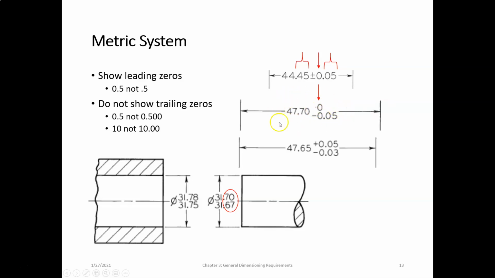So this right here would be what we would show for the 47.7 plus 0 minus 0.05. All right. This was a problem in AutoCAD for a number of years. AutoCAD refused to do this. The latest versions of AutoCAD, a couple of years ago, they updated it, allows this kind of proper formatting.